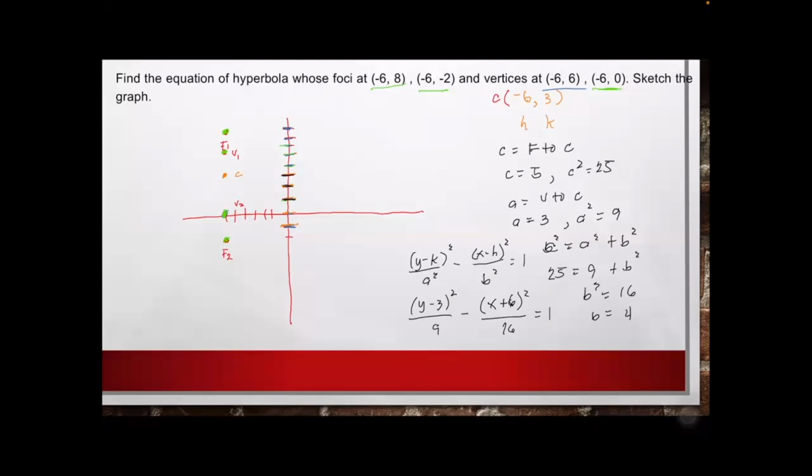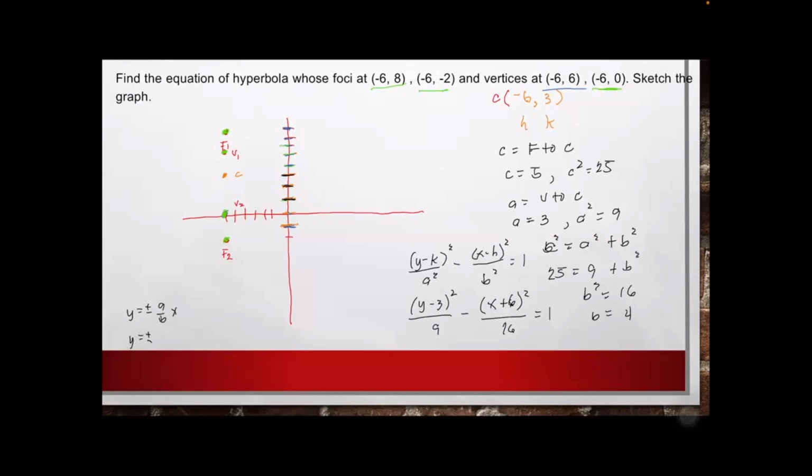Now, let's find for our asymptote. Slope of the asymptote. So, for the slope of the asymptote, dito na lang sa kabila. Karoon tayo ng y equals positive and negative. Since case 2 to, a over b siya. A over b, then x. So, y is equal to positive and negative.